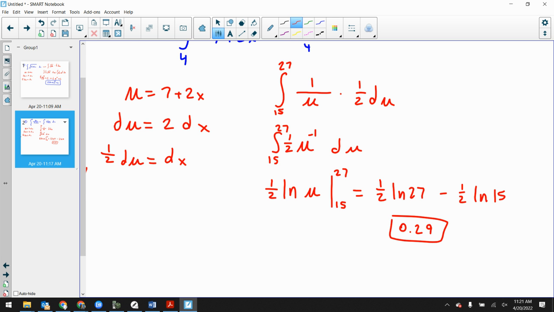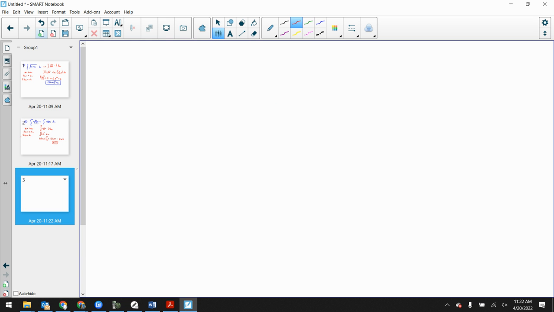Again, I did not need to go back and plug in my 7 plus 2x because this was a definite, and I had already taken that into account by changing the a and the b values. If this was an indefinite, I'd have to go back and put the x in. Questions on that one? Let's keep it moving then.